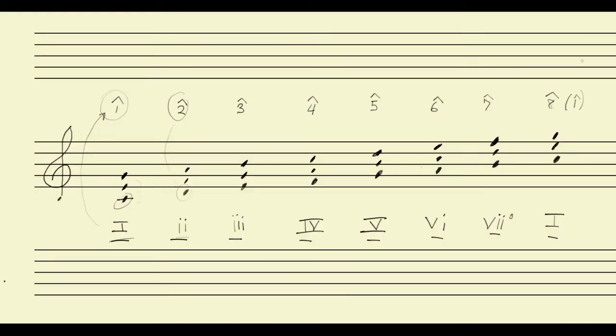But one of the ways that helps me keep it clear is to think about the fact that each triad that we can make in the major scale is actually itself made up of 3 different scale degrees. And if we go over to our 1 chord here, Roman numeral 1 chord, we can see this.